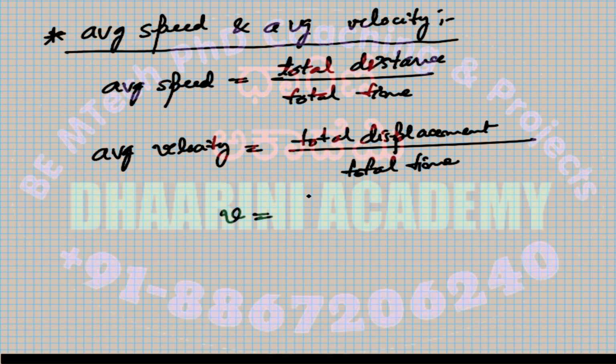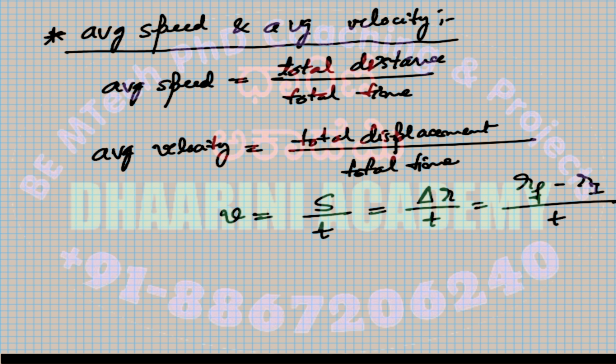This is equal to total displacement s by time t, or if you want to give a notation like delta r by t, that's also fine. So delta r is equal to r final minus r initial, divided by time. That's also okay. This is the time taken.